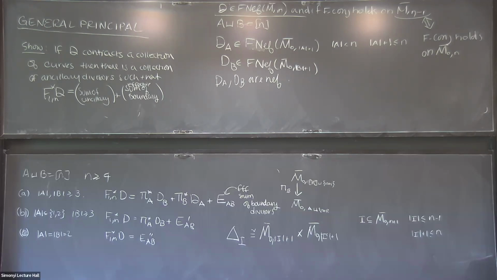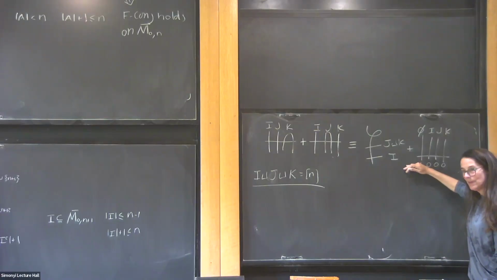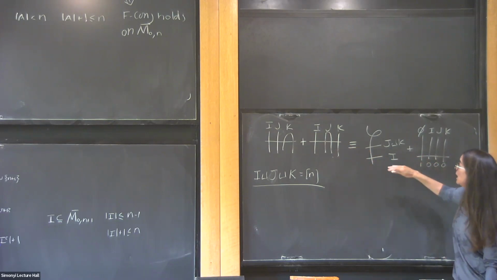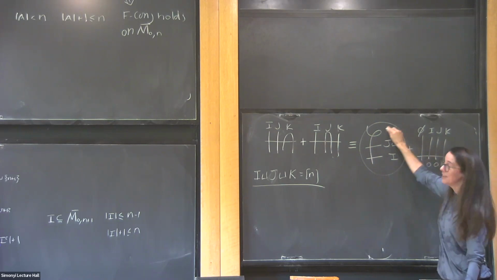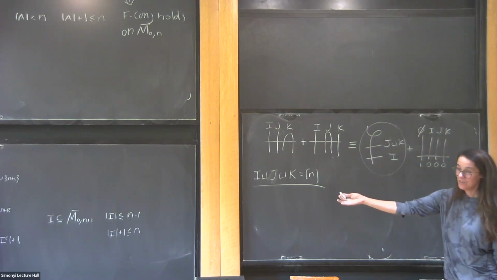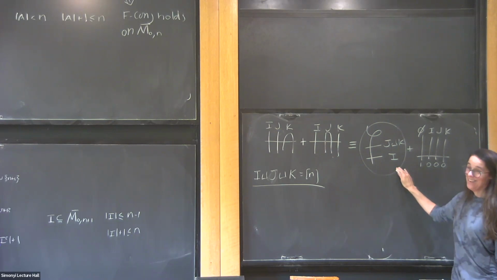So if our divisor intersected those 2 in degree 0, then it has to intersect these 2 in degree 0. If it contracts these 2, it has to contract these 2. In particular, it has to contract the only child. And because of that result, it's already nef.